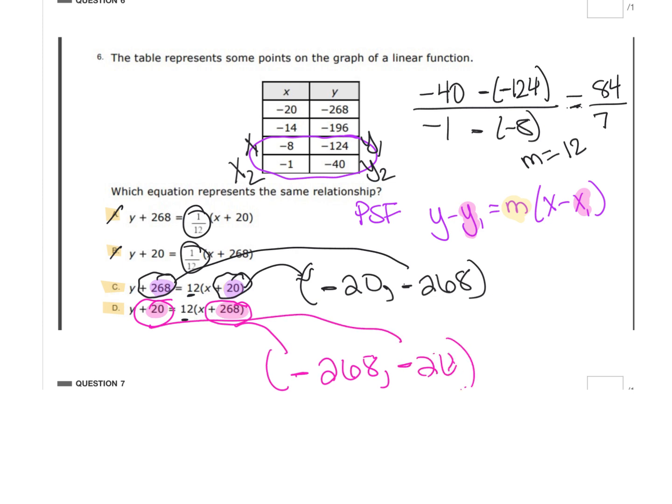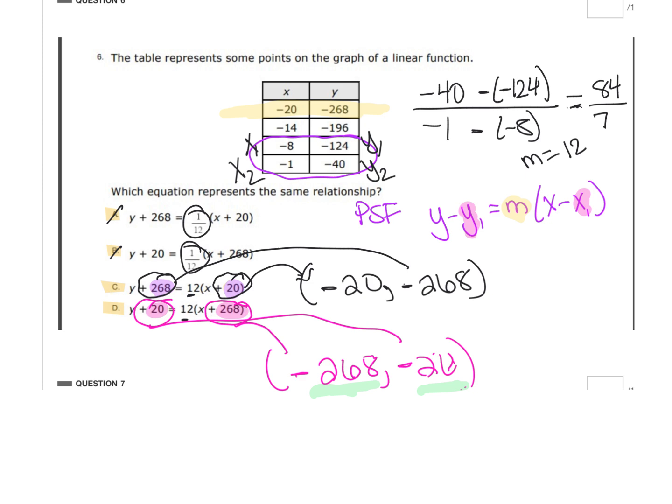So go back up to my table: I have an x at negative 20 and a y at negative 268. So there's a point right there on my table. And let's just check my next one. Here I should have an x of negative 268 and a y of negative 20.